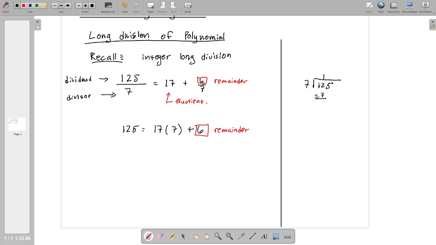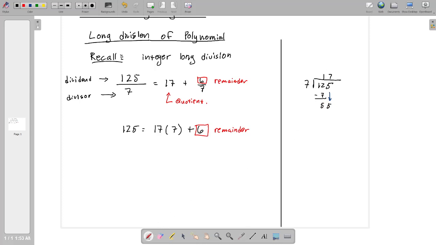Don't forget to subtract. That will become important later when we do polynomial division. So 12 minus 7 is going to be 5. And then we bring our other 5 down. So we end up with 55. Now, how many times does 7 go into 55?